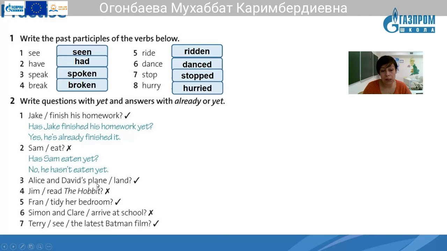Alice and David's plane. Land means to land at the airport, to arrive. Can you ask if the plane has already landed, using present perfect?